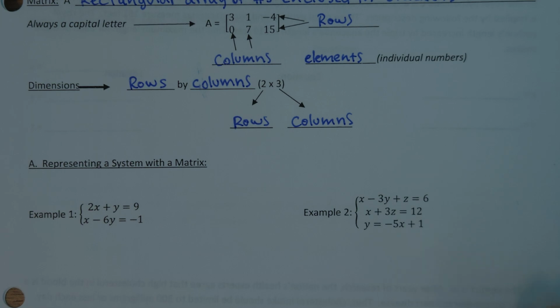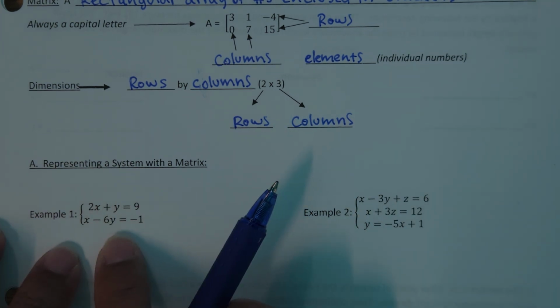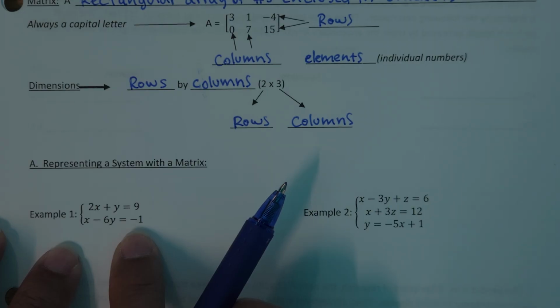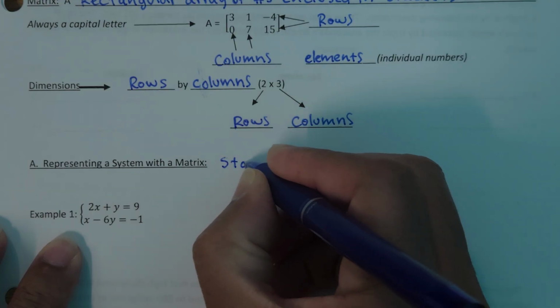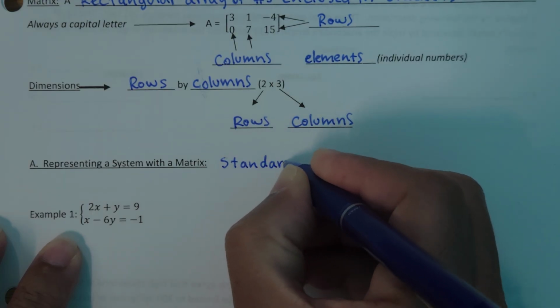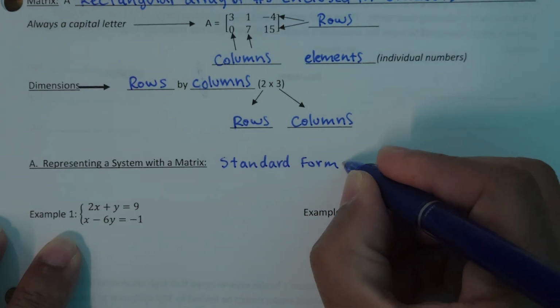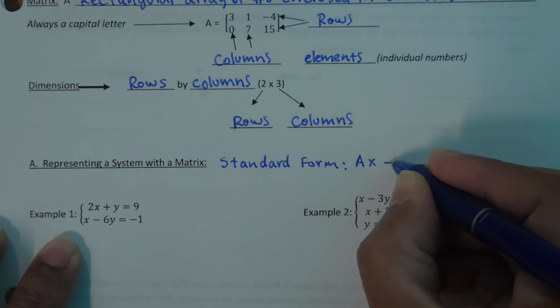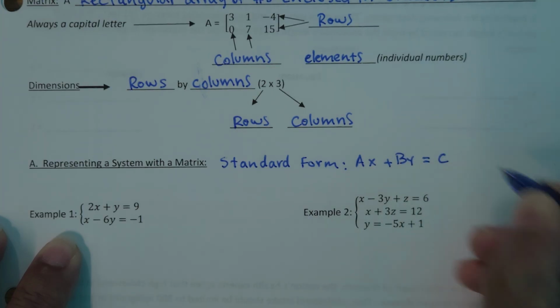Part A, representing the system with a matrix. What if they give you a system and they want you to convert the system to a matrix? Before we do any of this, we need to make sure that the equations are written in standard form. That means we must have ax plus by is equal to c.